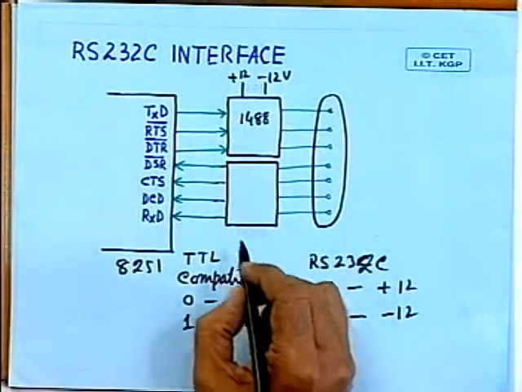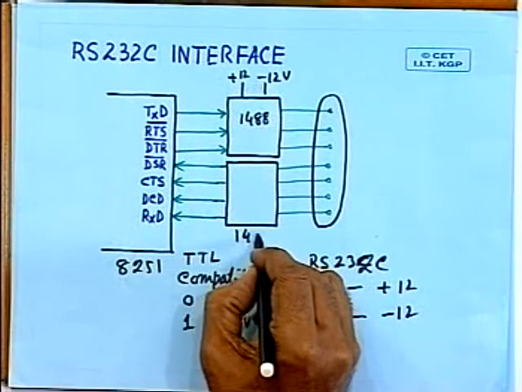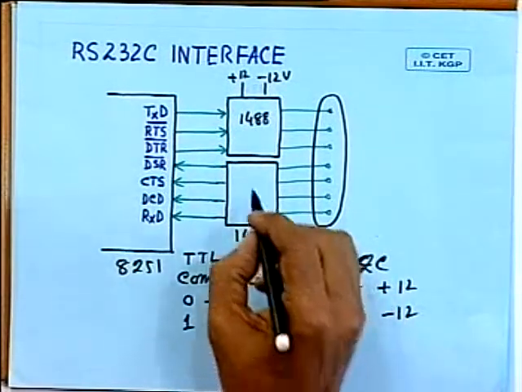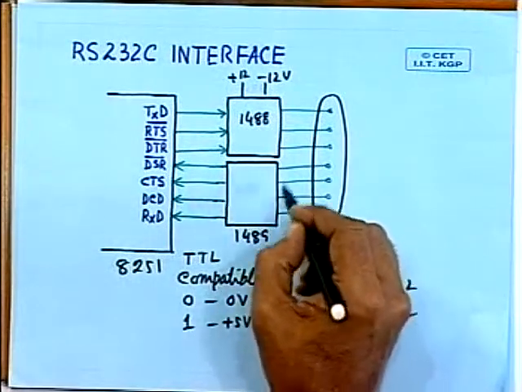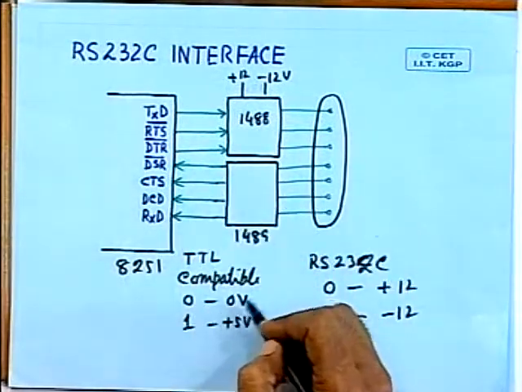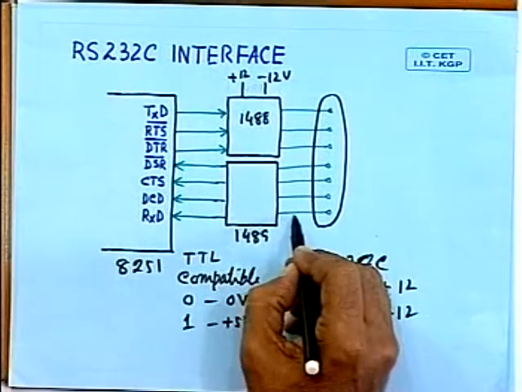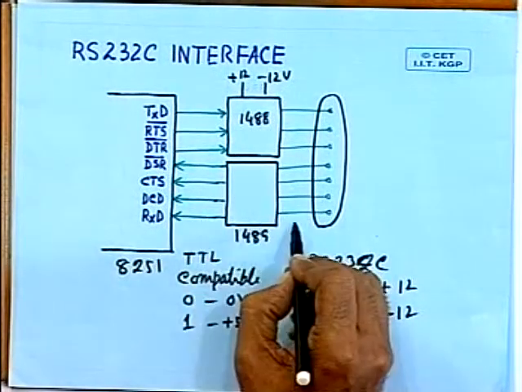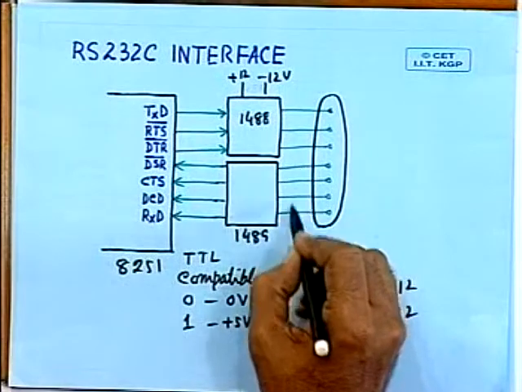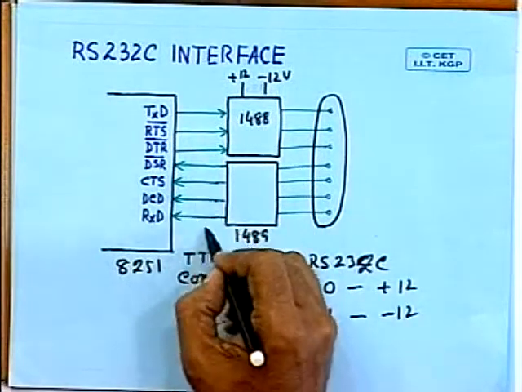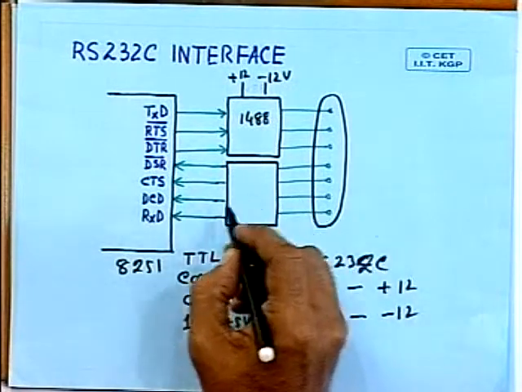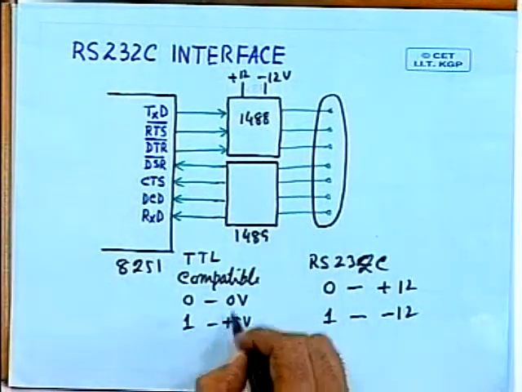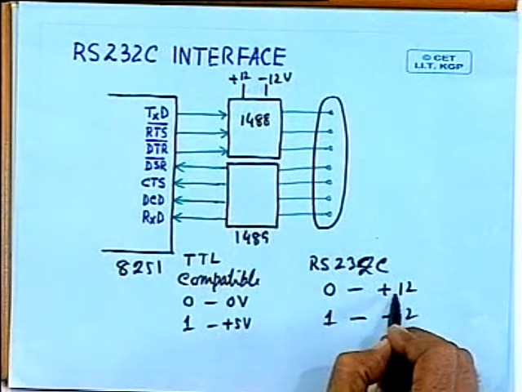And similarly, you have to use another device, 1489, that will convert the RS-232 level signals to TTL level signals. So here, minus 12 will be converted to 0 volt on this side. Similarly, plus 12 volt will be converted into 0 volt, minus 12 to plus 5 and plus 12 to 0.